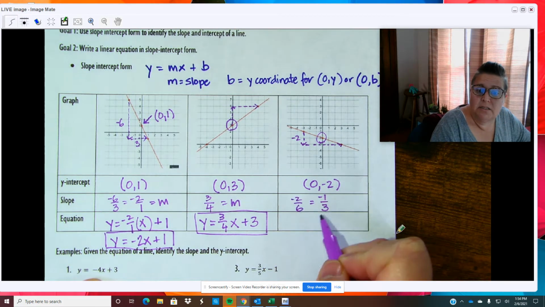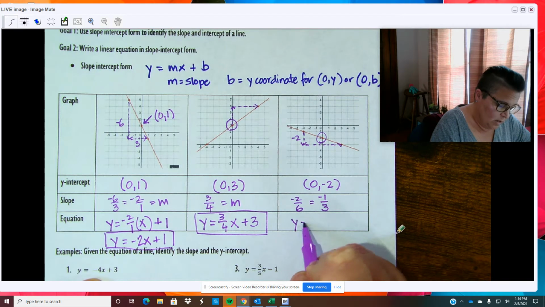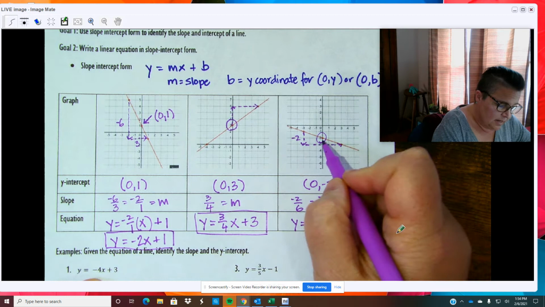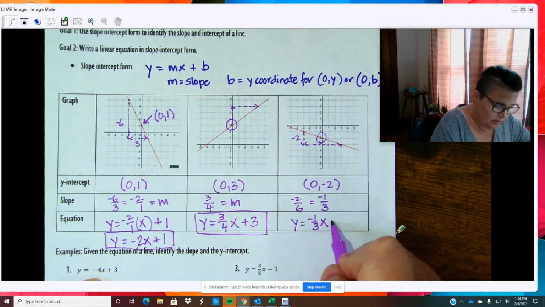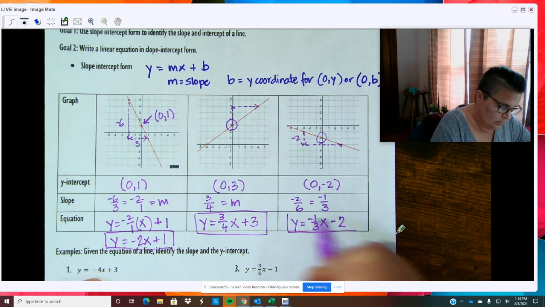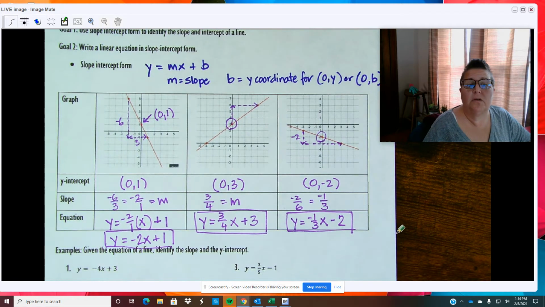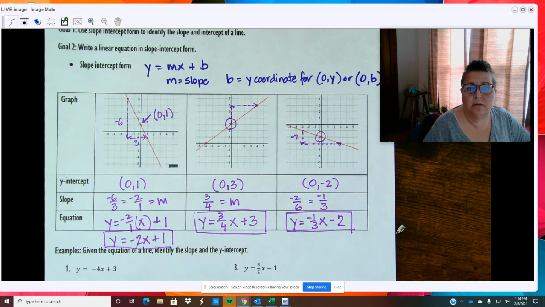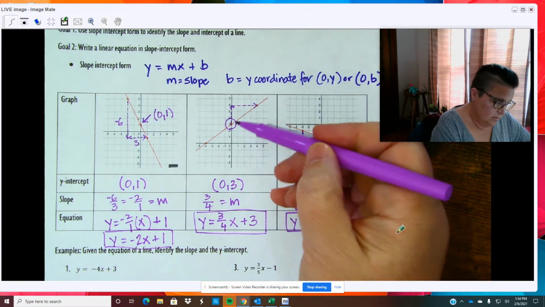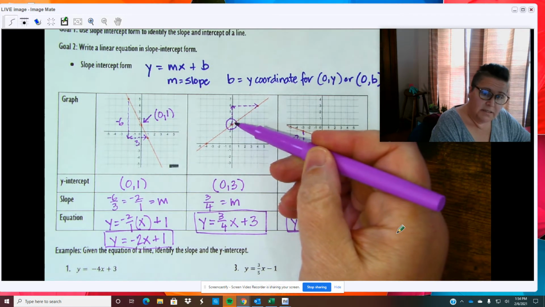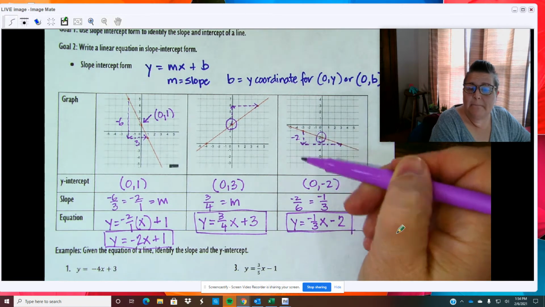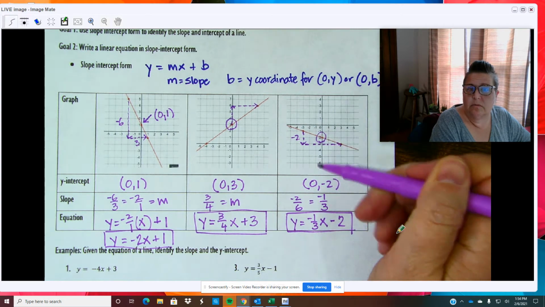So in slope-intercept form, this is y is equal to -1/3 x. Instead of plus -2, I'm just going to write -2. Notice the patterns. The b is always where it crosses the y-axis, and the m is always the slope.